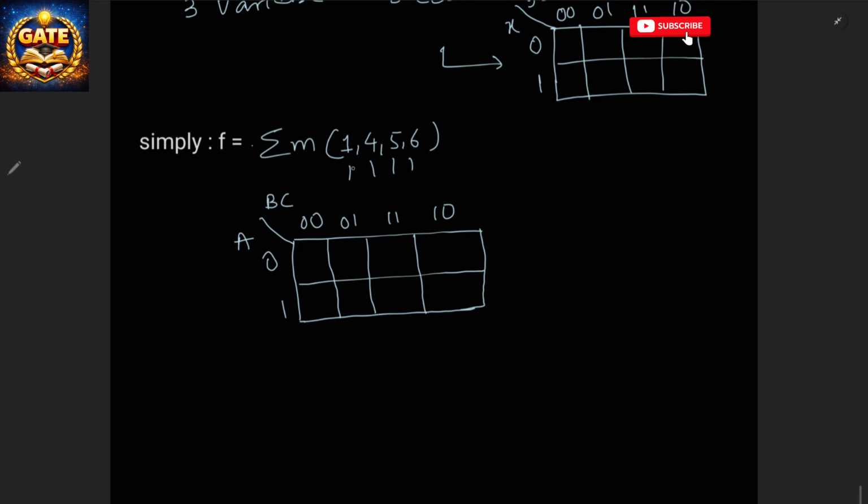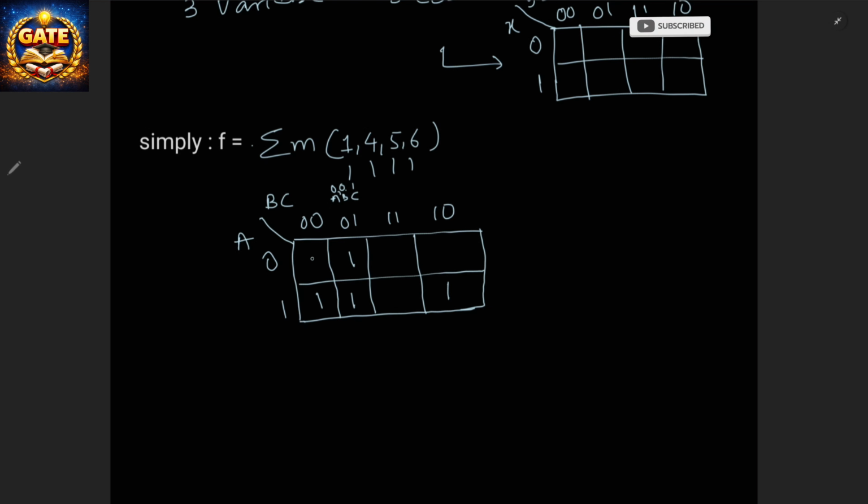So first, minterm 1: its equivalent is 0 0 1, which we can represent as A dash B dash C. Here 0 0 1 and 4, 5, 6. So we need to place each minterm in its respective position.